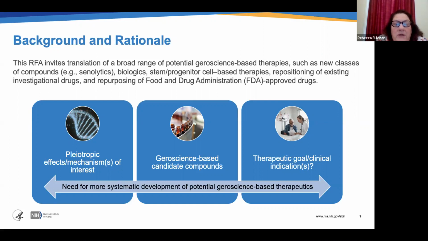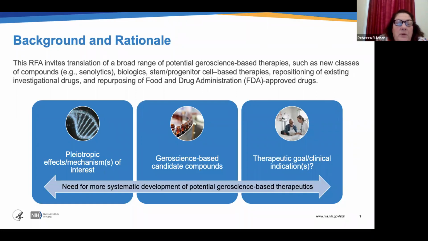So we felt that there was a need for a more systematic development of these geroscience-based therapeutics, which was the rationale for putting together this FOA, this SBIR announcement. This SBIR announcement does consider both fast track and direct to phase 2 applications.